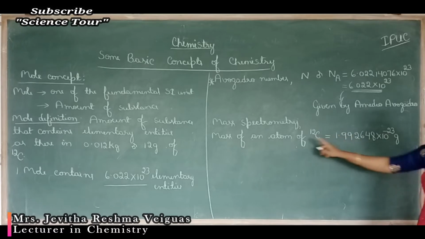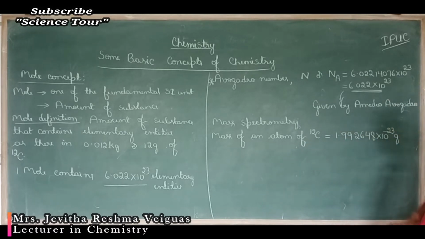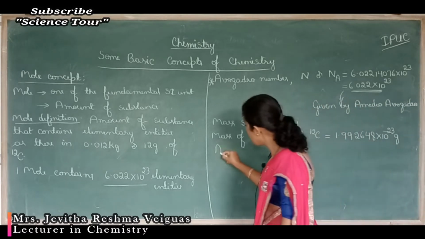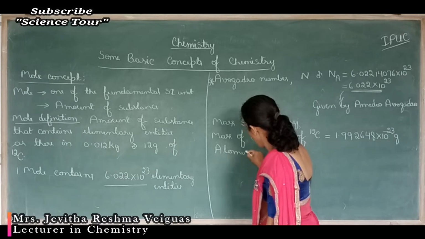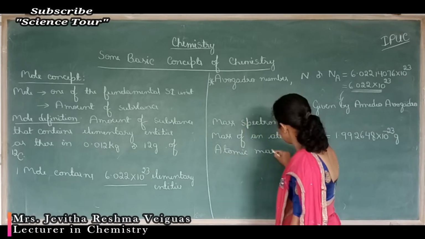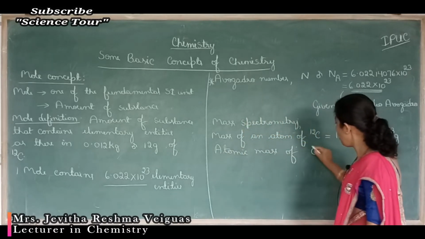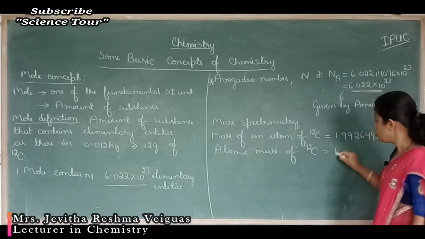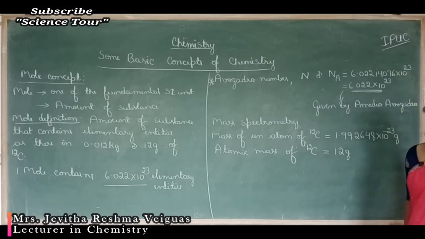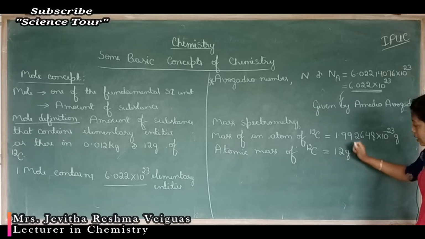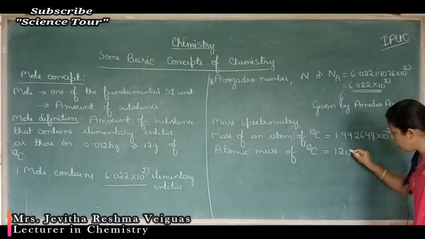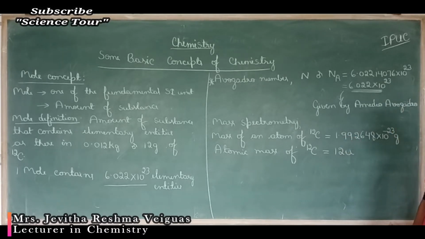See, this is the mass of an atom of carbon 12. The atomic mass of carbon 12 isotope is 12 gram per mole, or I can say 12 unified mass, 12 u.